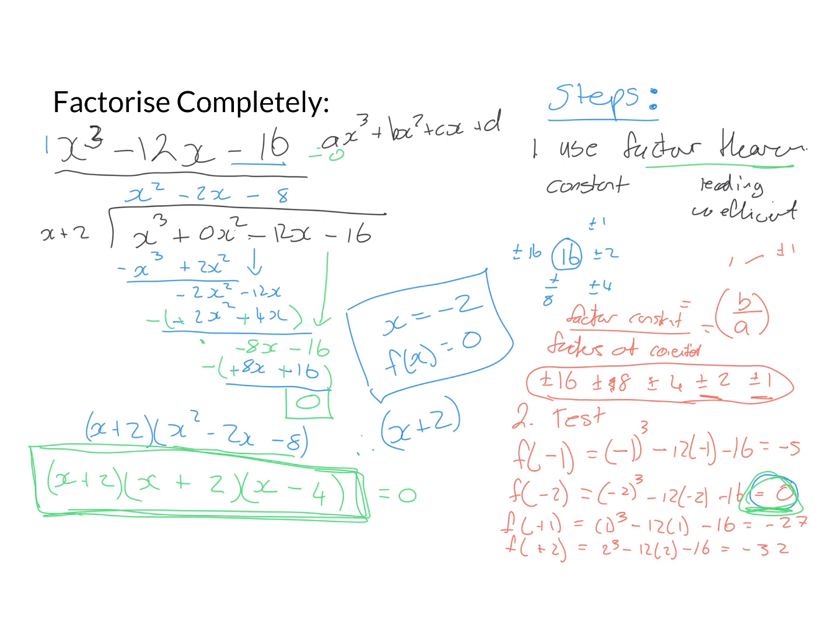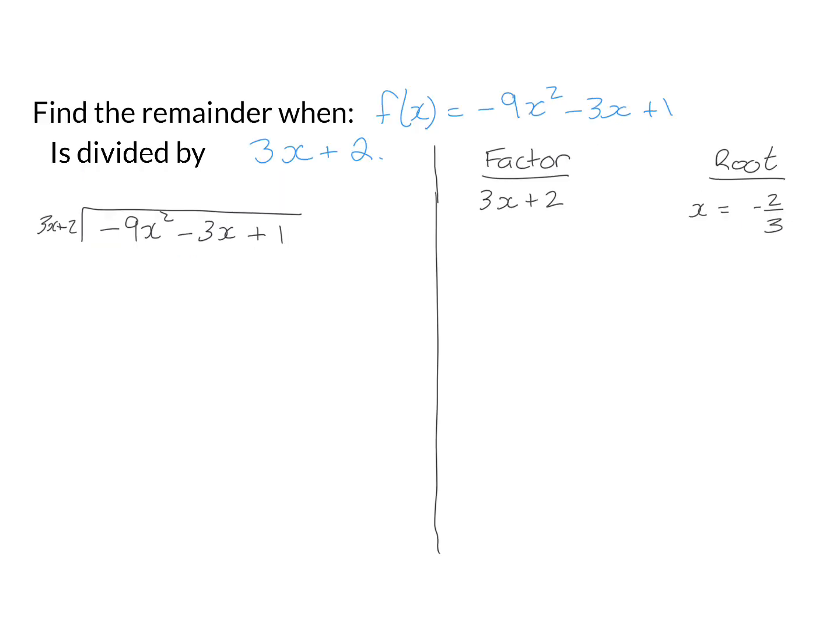Now, just on that idea, where it says find the remainder when f of x is equal to 9x squared minus 3x plus 1. Now, something important, factors and roots are very closely related.